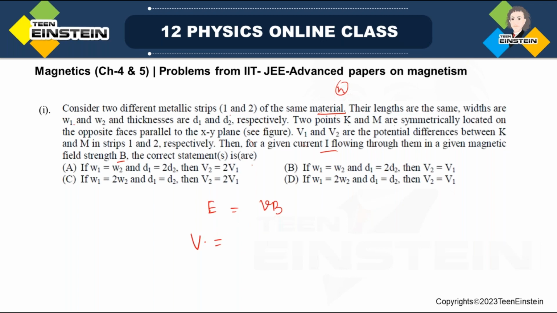So potential, we know, is equal to E into W. So what is E? E we know. So this is Vx into By. So this is the potential. And see, what is this Vx? V is the velocity of the charge carriers along x direction.